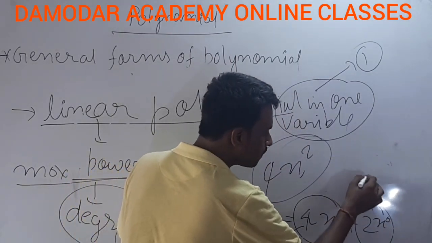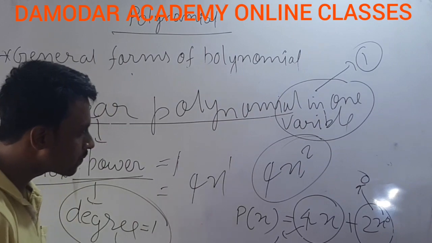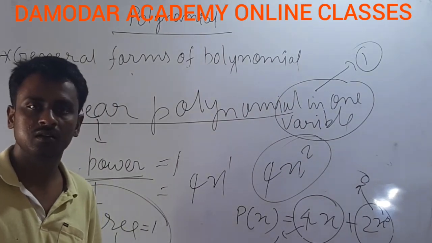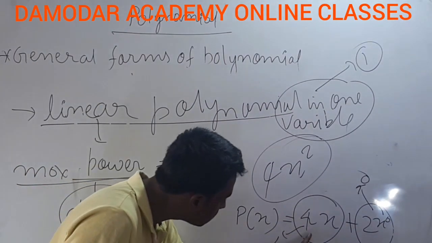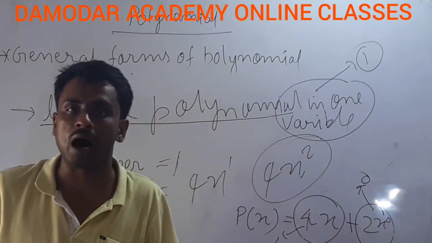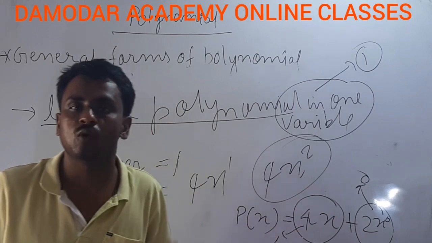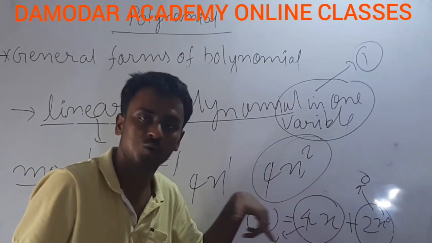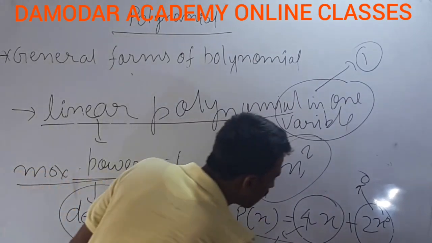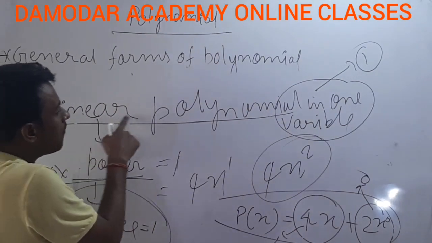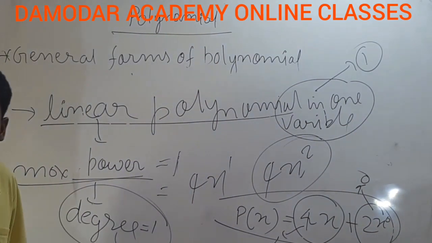It is 0. That means this is a polynomial in which the terms have power of the variable not greater than 1. It is equal to 1. That means this polynomial is an example of linear polynomial. Okay?